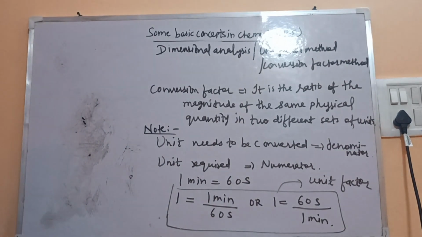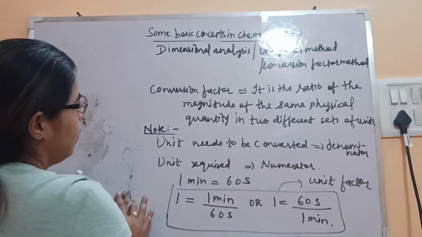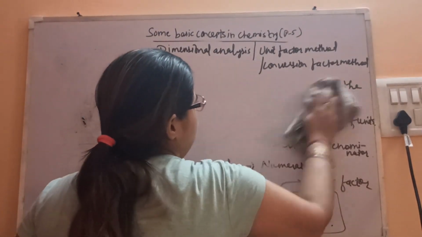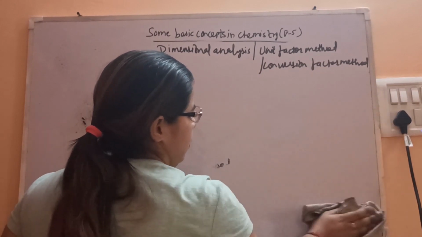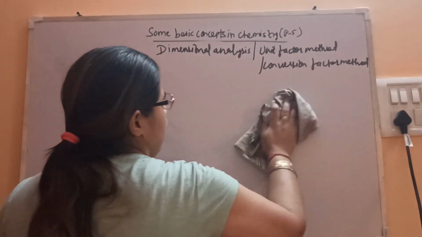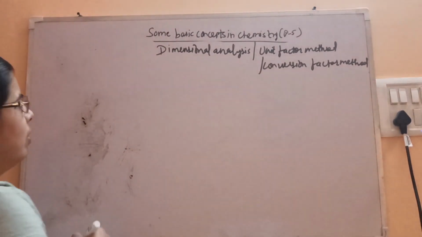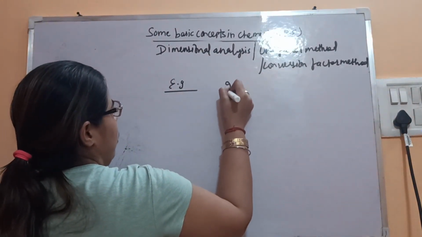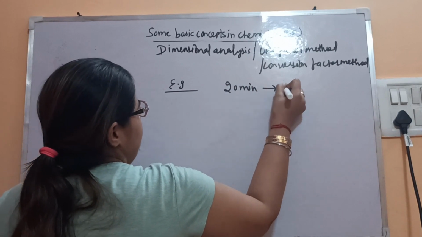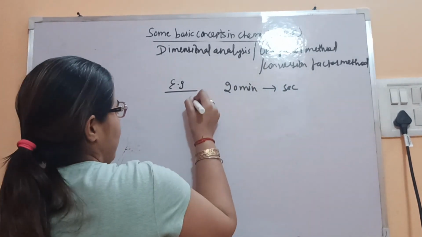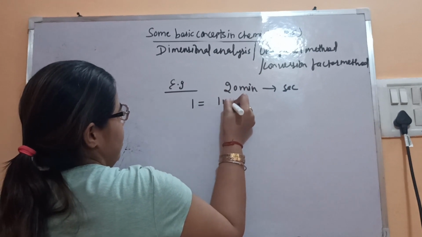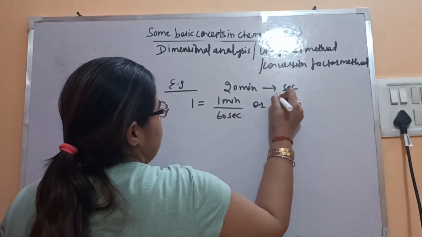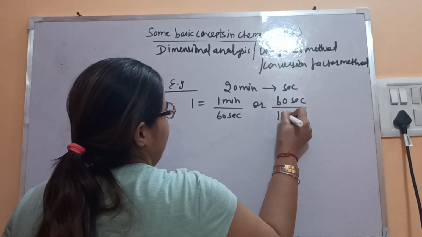For example, let's see how to use this. Suppose you have to convert 20 minutes into seconds. Fine. So what are the factors? 1 minute divided by 60 seconds, or 60 seconds divided by 1 minute.